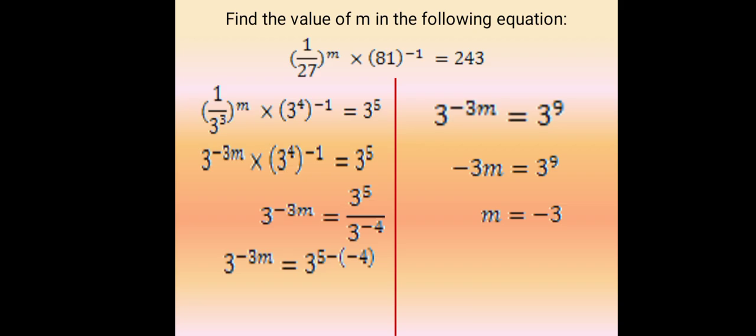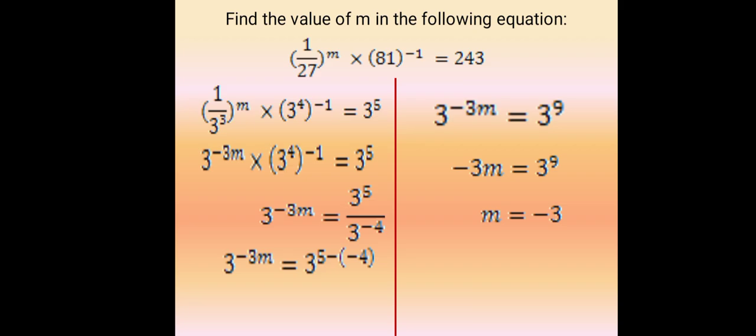Now when you are dividing powers with the same base, it's the same as taking those powers and subtracting from each other. So if we take positive 5 minus negative 4, it adds up to be 9.